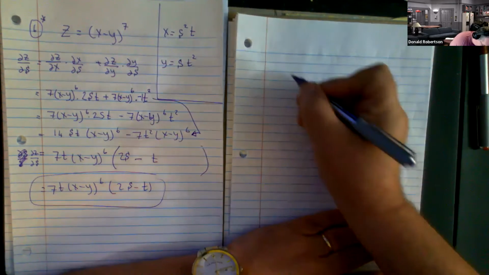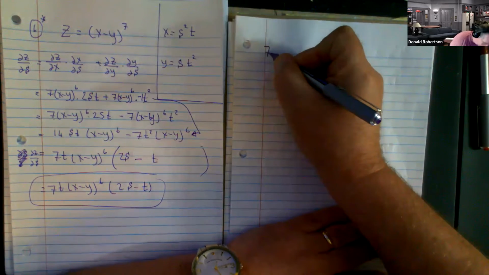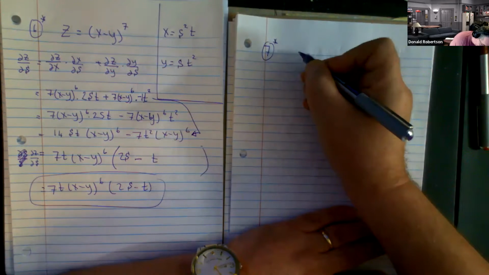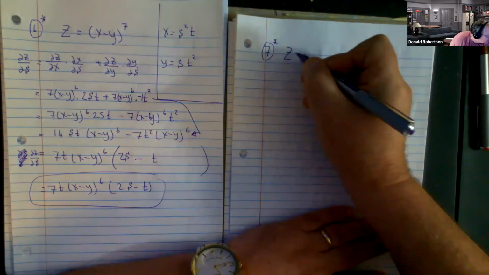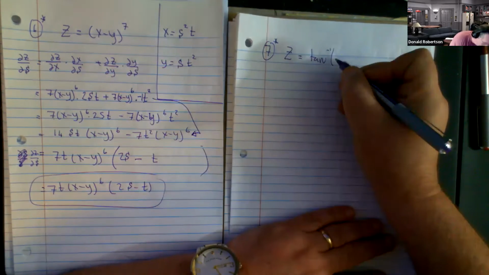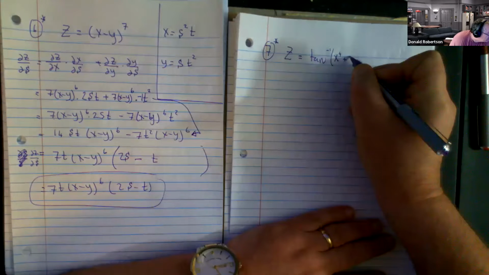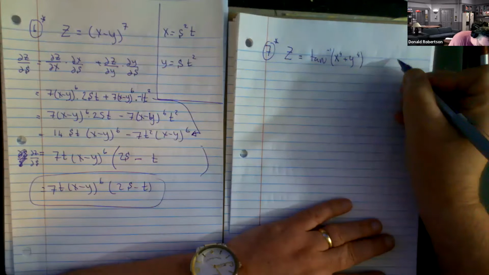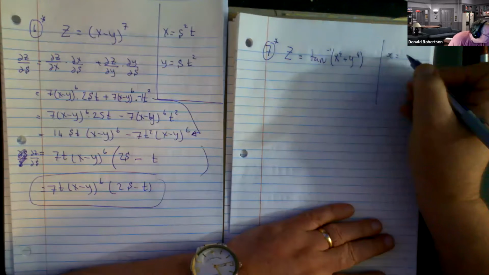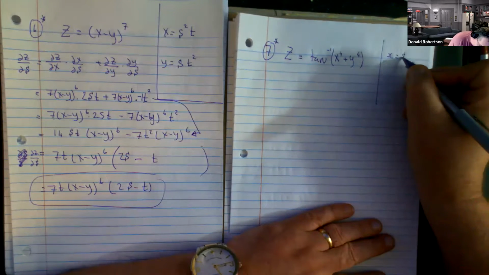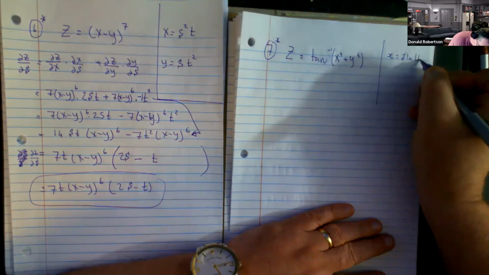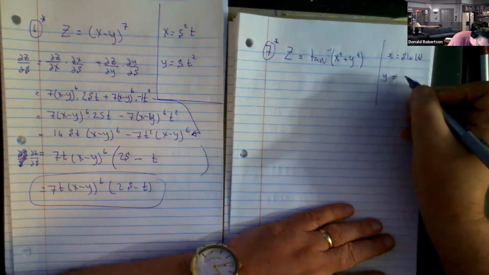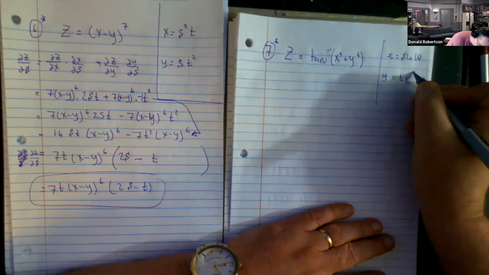Oh, I have to do this. I know I've been sticking to the even, but not this time. Z is equal to the inverse tan of x to the 4 plus y to the 4. And x is a function of s and t, s natural log of t for that guy, and y is t e to the s.